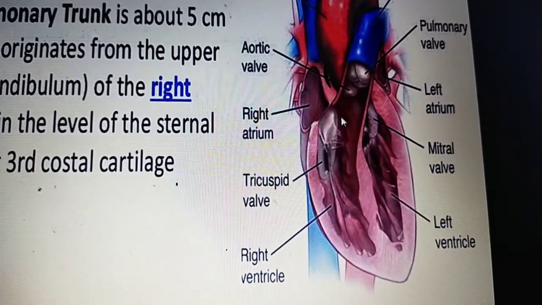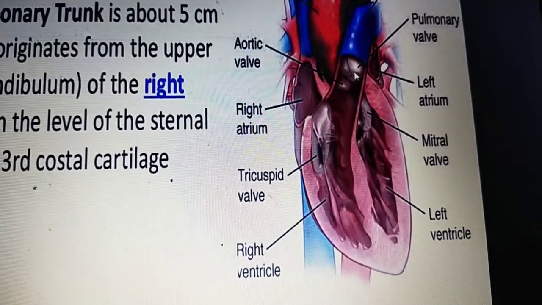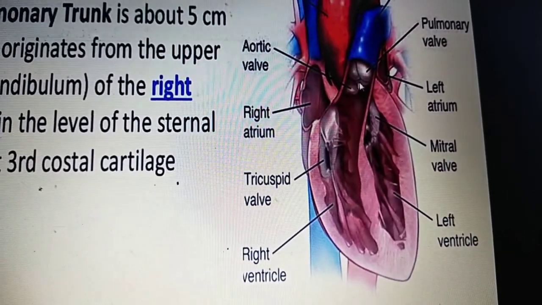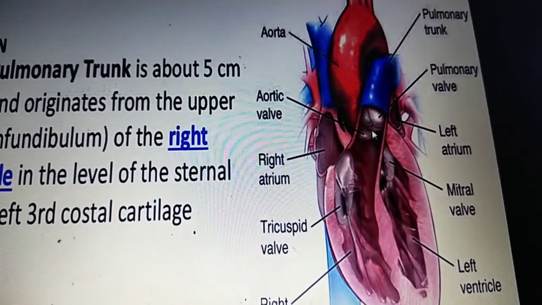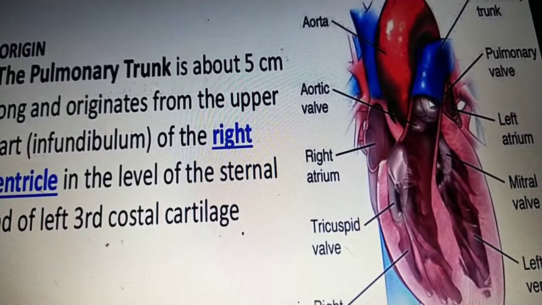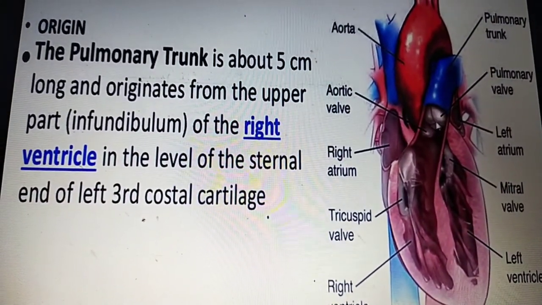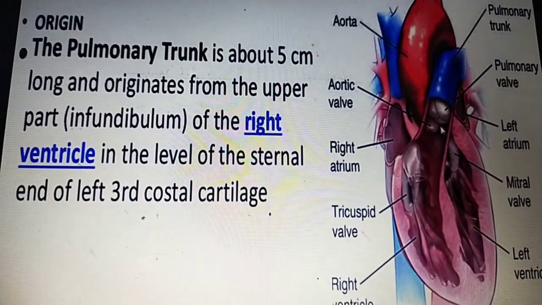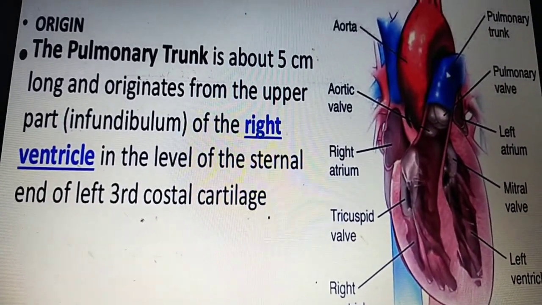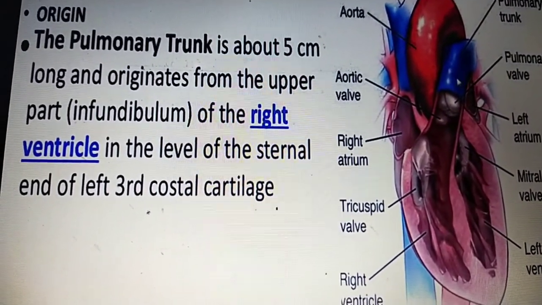Because of that, this is called the infundibulum of the right ventricle, and this is the pulmonary valve, and this is the pulmonary trunk, which originates from the infundibulum of the right ventricle. It is 5 centimeters in length and 3 centimeters in width.